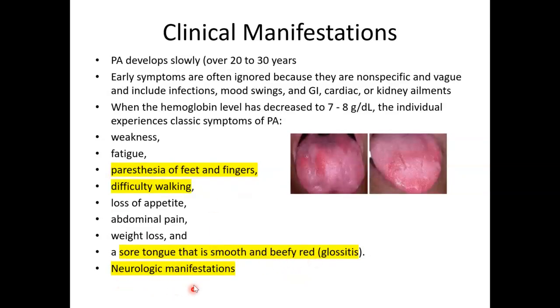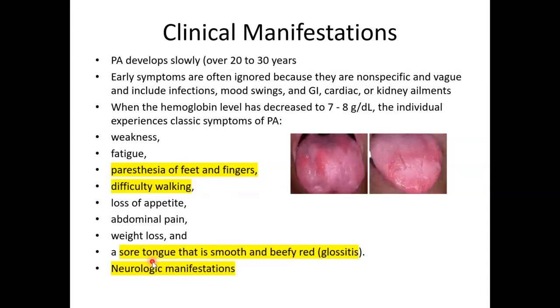So the things that I have highlighted here, two main things that I want you to know as far as clinical manifestations. Let me just rewind a little bit and tell you, when I talked about anemia in general, people with anemia have all the same general symptoms we talked about in the first part of this PowerPoint, right? But then some specific anemias have specific symptoms.